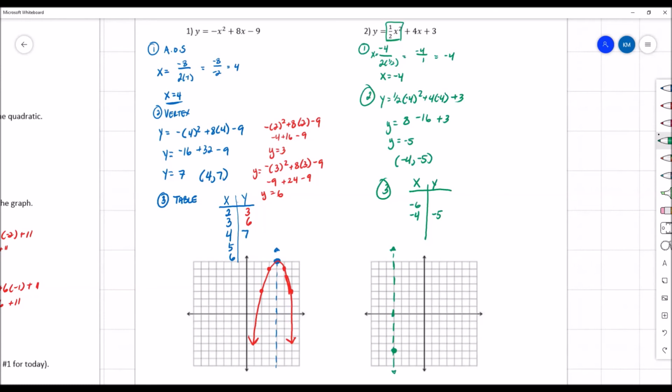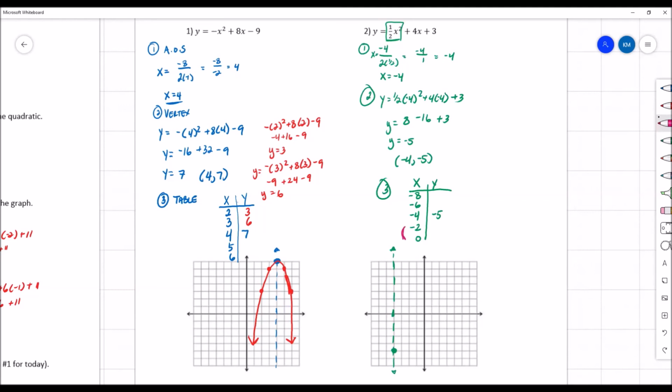So I'm going to choose negative 6 and negative 8 here, and negative 2 and 0 here. I keep my even spacing so I have symmetry, but I also avoid having to plot fractional answers. I'm going to use these two numbers because I know they mirror the top two.